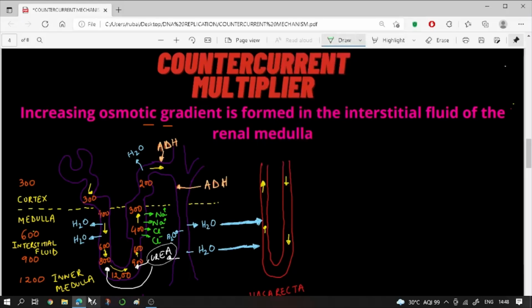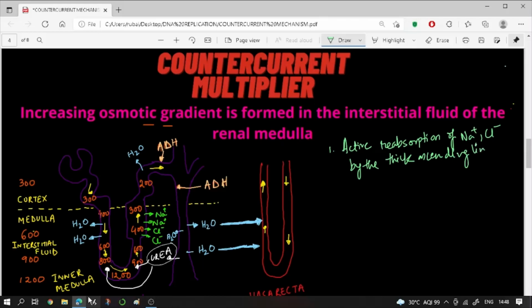The first step is the active reabsorption of sodium and chloride ions by the thick ascending limb of Henle's loop.